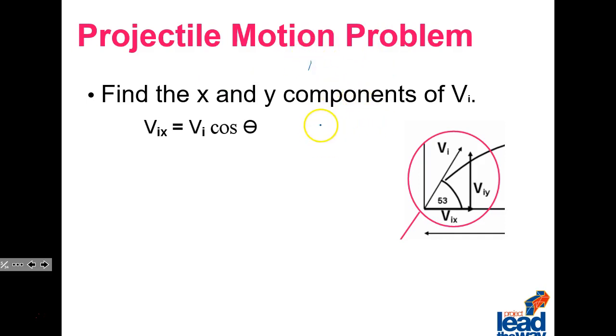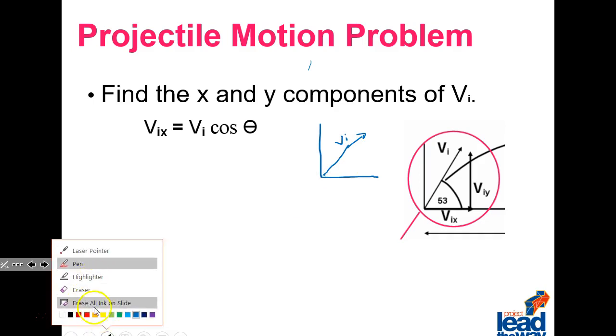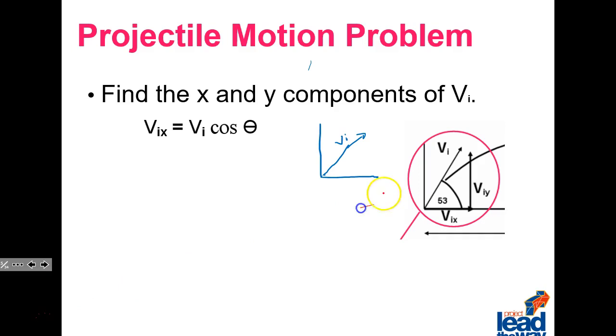But if we were to sketch this out, we would have our x and y axis. We've got our VI here, and we've got our VX along the x-axis here, and our VY along the y-axis here.